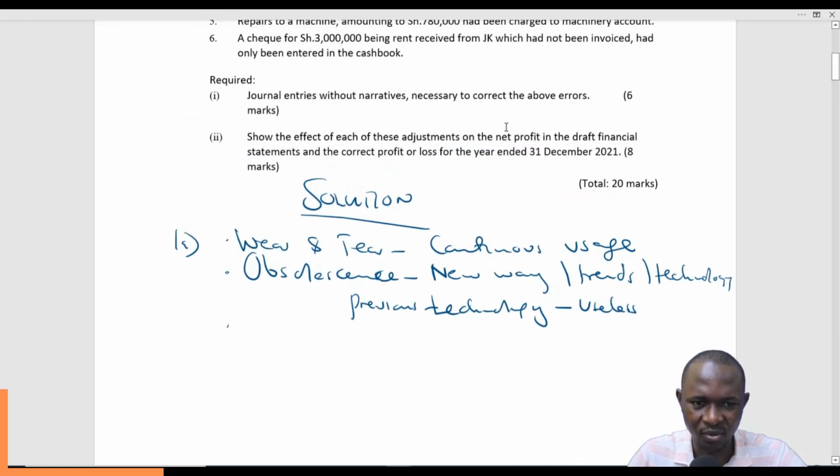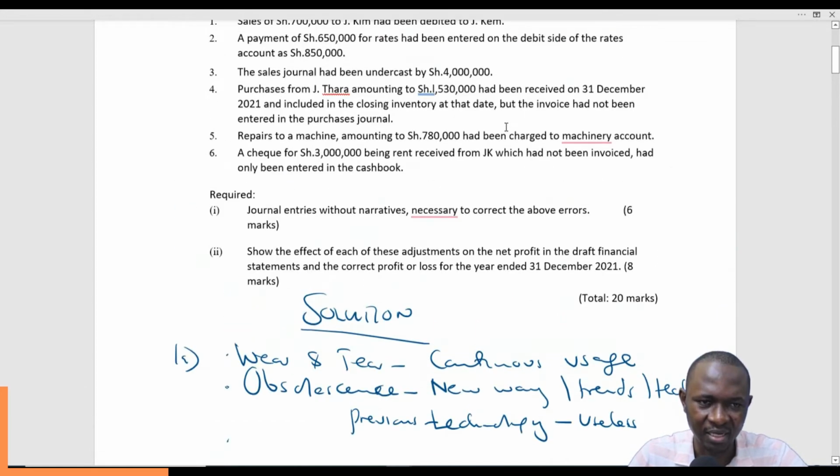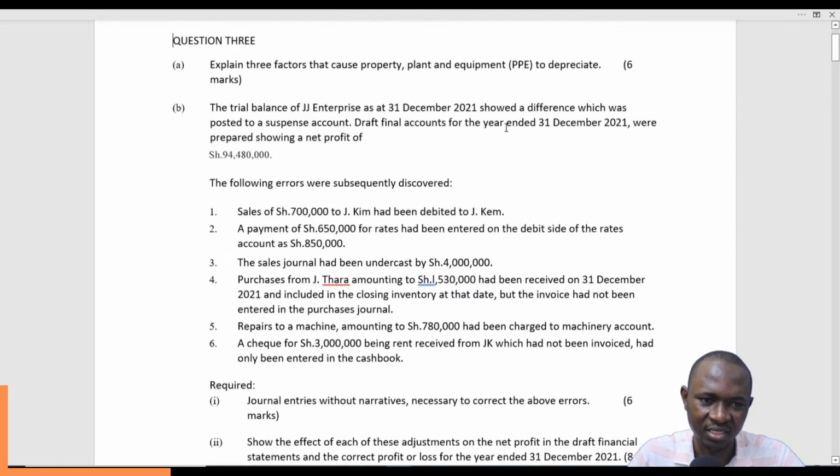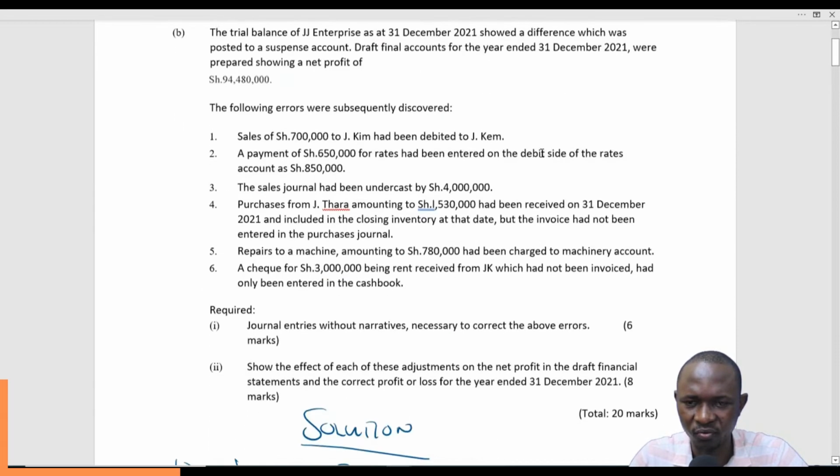So obsolescence is as a result of new technology emerging, which renders the previous technology non-economical or not as useful as it used to be. So that can also be a reason for depreciation.